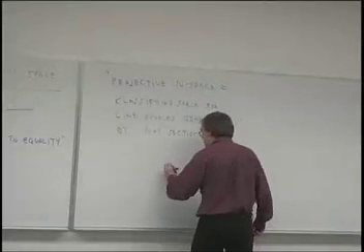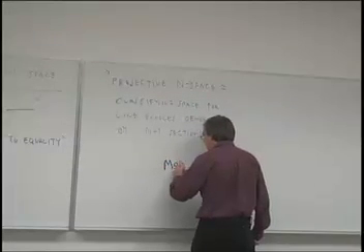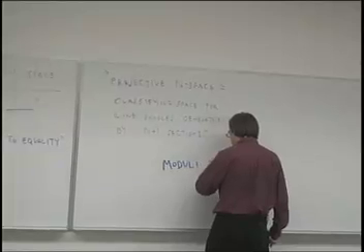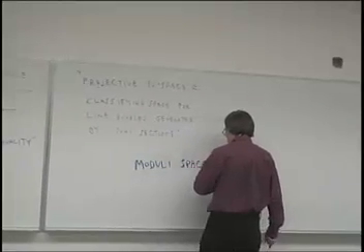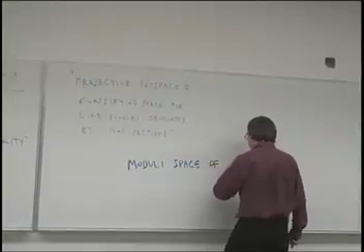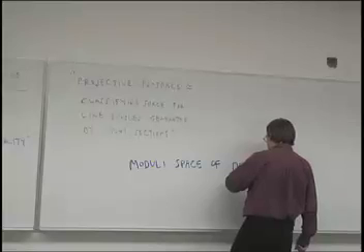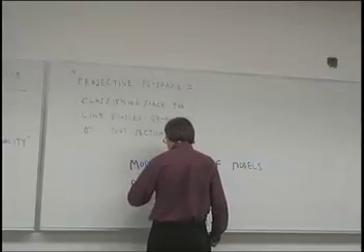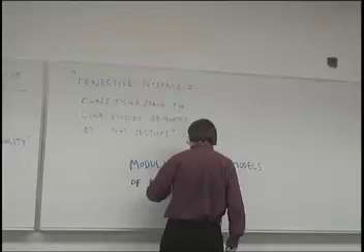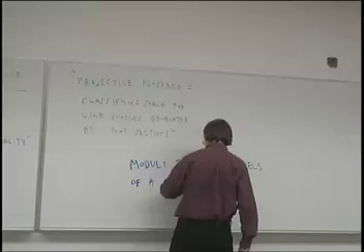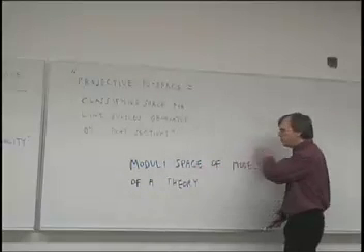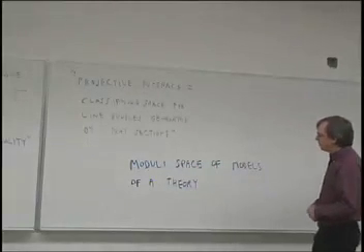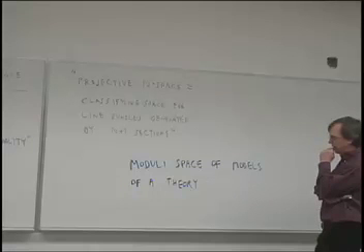Well, we have the idea of some sort of moduli space of models of a theory. That's a little fragment of our fundamental slogan of what algebraic geometry is about.